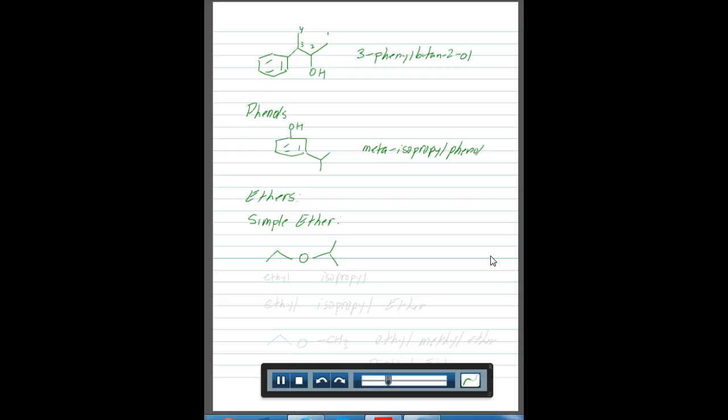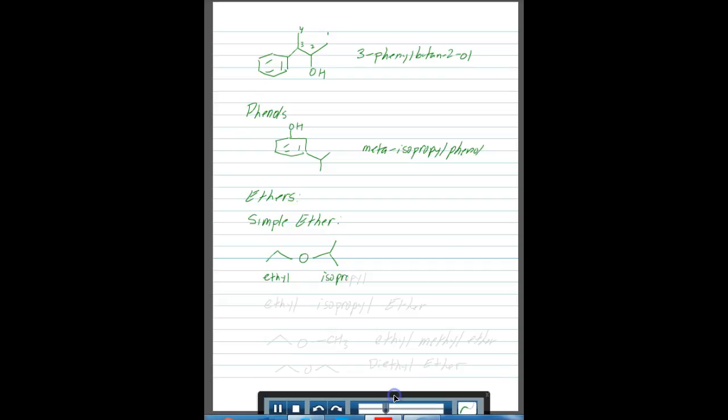Notice I have an ether with two R groups technically: an ethyl group and an isopropyl group. Since these groups are easy to name, you name them alphabetically, and it's called ethyl isopropyl ether. Very simple. You name one side, you name the other side, followed by ether.